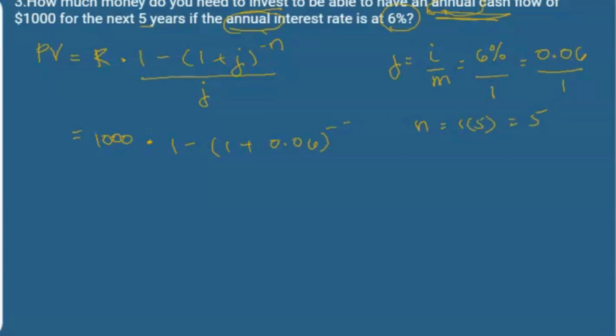So it's raised to negative 5, over 0.06. With the help of our calculator, the present value would be $4,212.36.